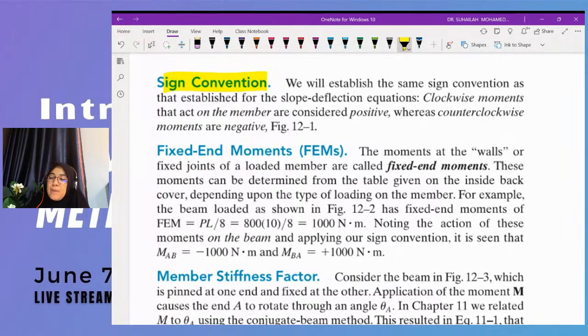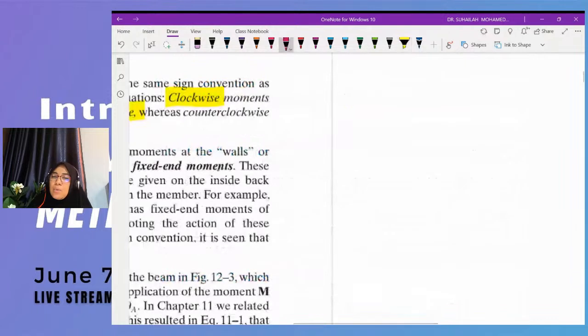The sign convention is clockwise positive, whereas counterclockwise is negative. This is the clockwise moment that acts on the member.